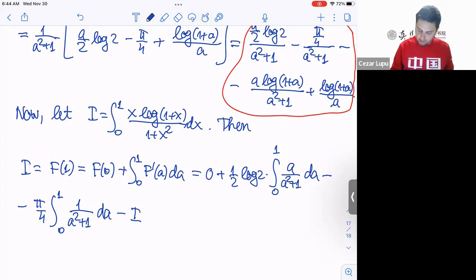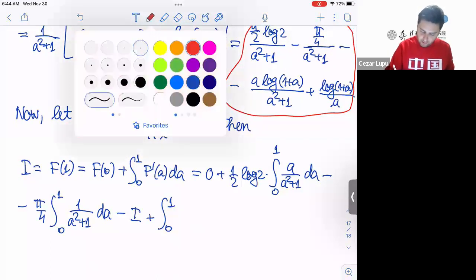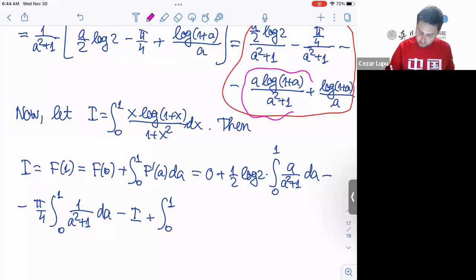We have it there, plus the integral from 0 to 1 of ln of 1 plus a over a dA. You see this integral I, you have it here. So this guy here will give us the integral I.